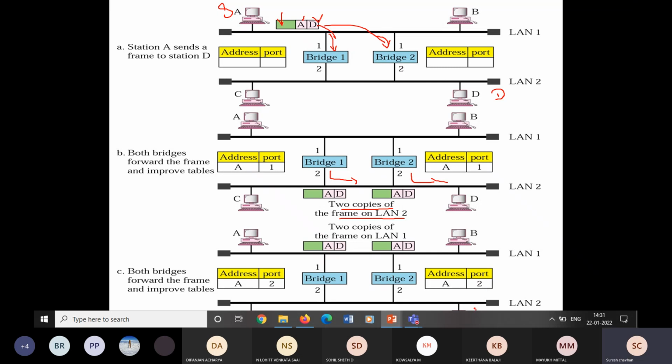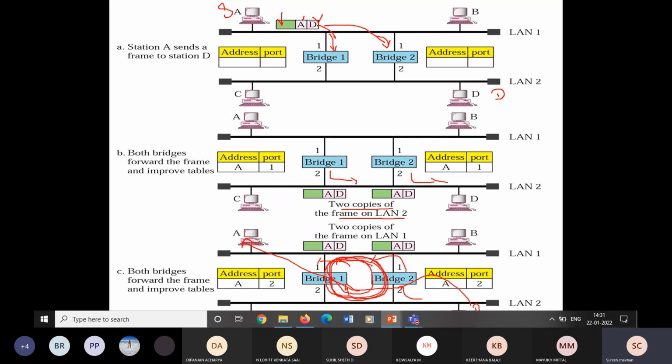Both bridges will again receive the information and it will go back. So here it completes the loop, correct? Whatever information we send will be circulating here only, right?